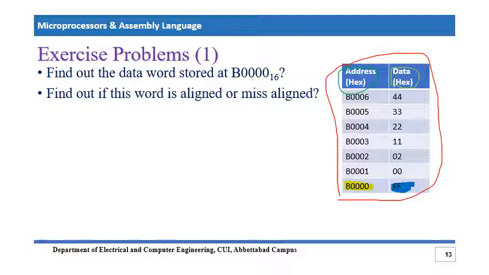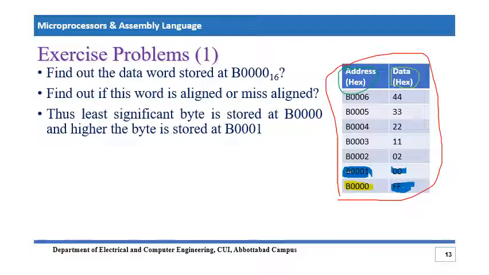And what is going to be the next byte of this word? It is going to be the next location, that is B001 hex, and its information is 00 hex. So now the question is which one is the least significant byte? The lower address is going to be least significant, and the higher address is going to be higher significant. So the least significant byte is FF, and the higher significant byte is 00.